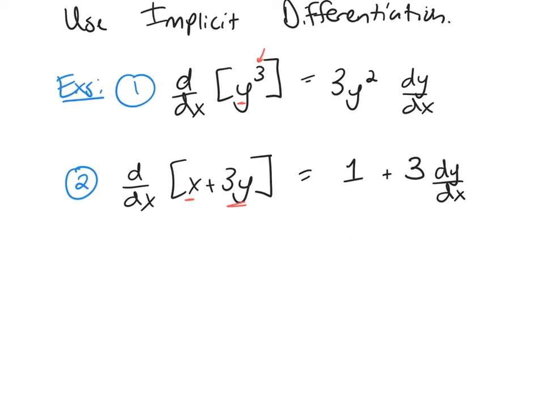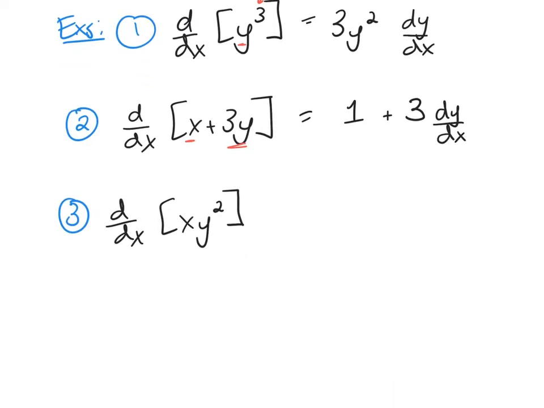And then our third example, the derivative of x times y squared. Now here we need to use a product rule because I have two things being multiplied, an x and a y squared. So let's start with the product rule.